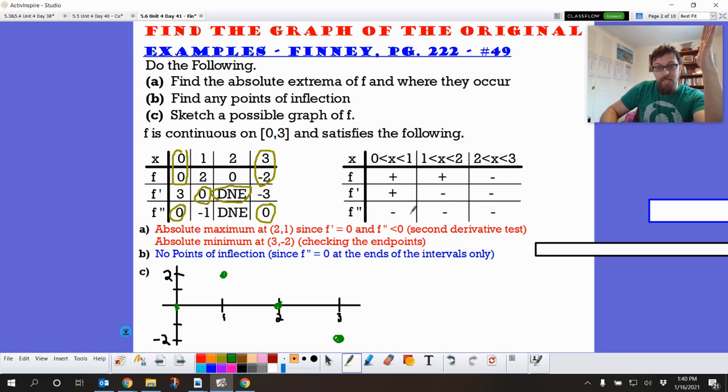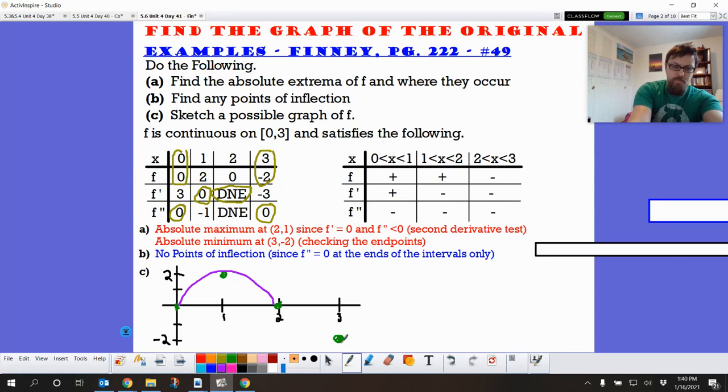We also know we need to be concave down all the time. We should increase and then decrease in a concave down shape. That's easy, so I'm going to make this kind of dome there. However, at this point, I don't want it to curve nicely and stay concave down. I want it to be not differentiable. So I want to make a sharp point right there.